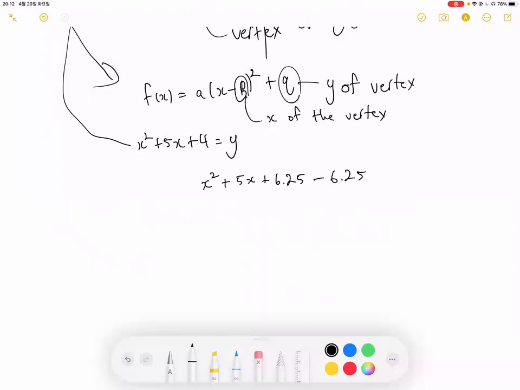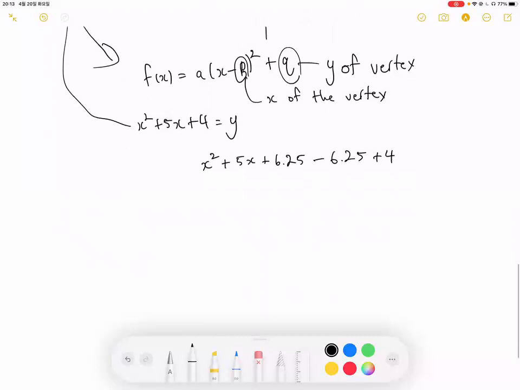Since you added 6.25, you have to subtract 6.25. This should be automatic, because in mathematics you can't add something without adding it to the other side, or you can add something and subtract something at the same time. That's legal. Then the 4 is just there. If we simplify, this equates to (x plus 2.5) squared, this chunk changes into here.